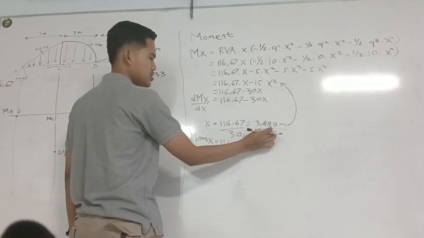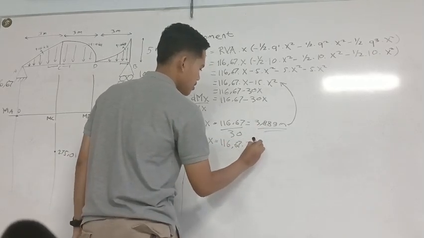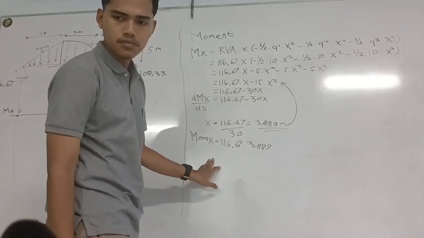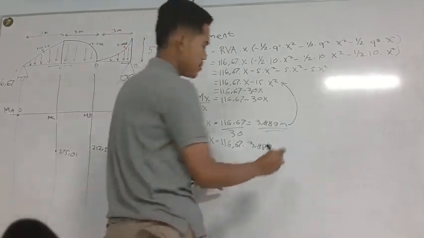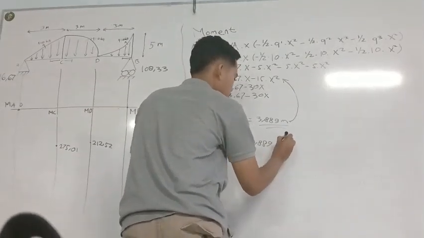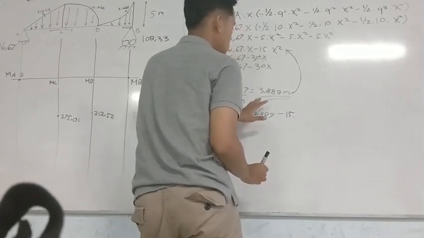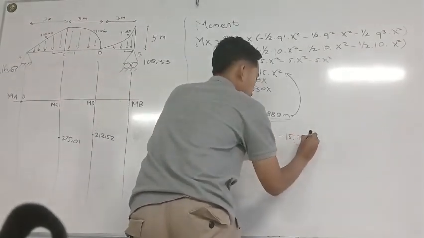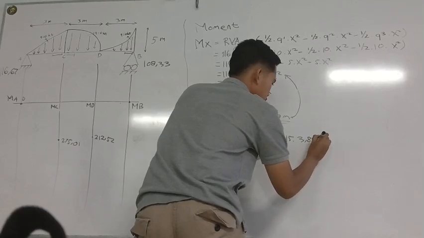The value of x is 3.889, minus 15 times the value of x, 3.889 squared.